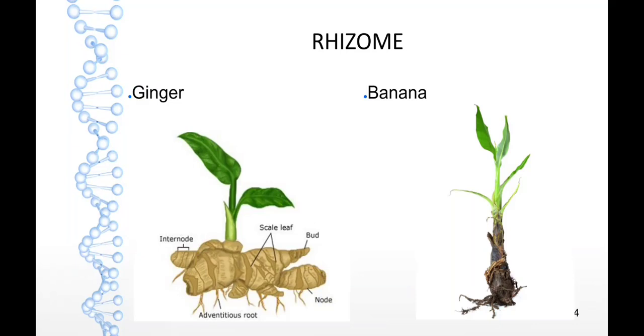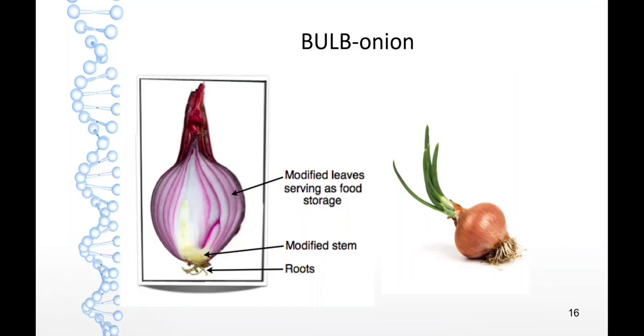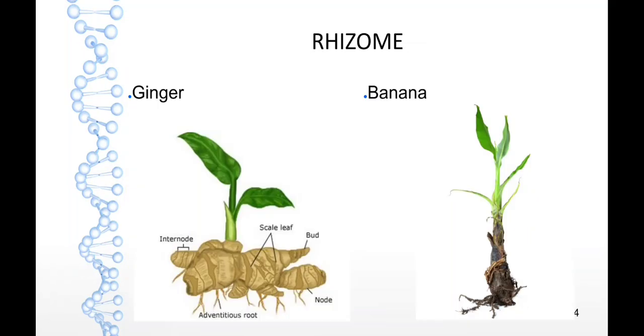Next vegetative propagule is the rhizome. The common examples are ginger and banana. Tuber, example potato, and bulb, example onion. And these three vegetative propagules, tuber, rhizome and bulb, are underground stem modifications.